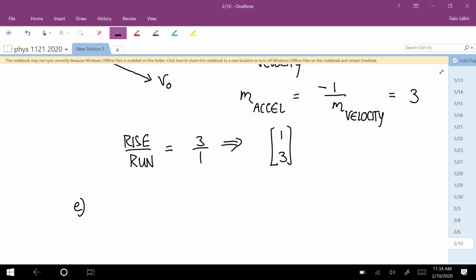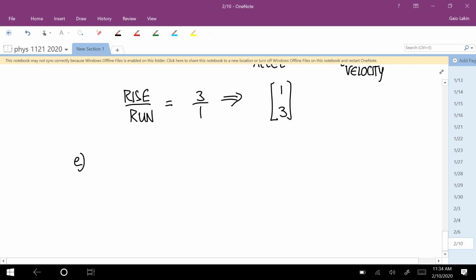And now it asks, well, if we kept up this acceleration, what would happen as time went by? Okay, well, if it started out with a velocity like this, and then it turned, its path would do something like that, okay? And if you kept applying that acceleration, so this is velocity, this is acceleration. Now this is velocity.